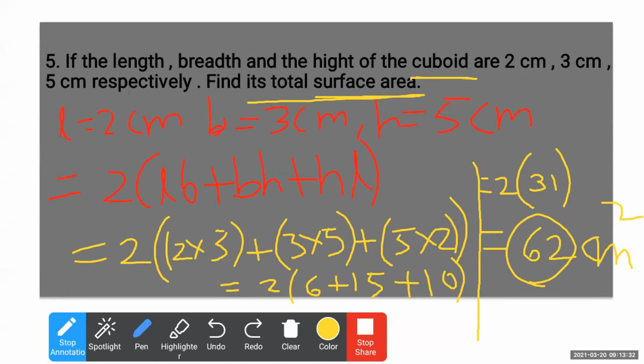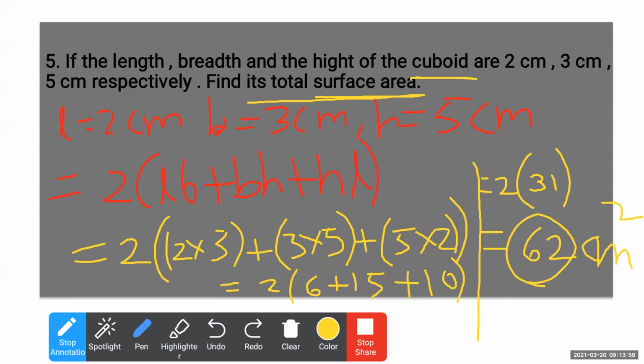Don't forget to write the unit, because in this chapter if you forget to write the unit you will lose half mark. And half mark means ultimately, when we are doing the roundup, half mark becomes 1. There is an advantage of the half mark, but at the same time there is a disadvantage also.